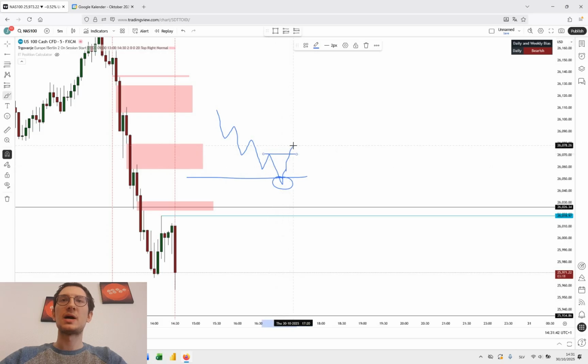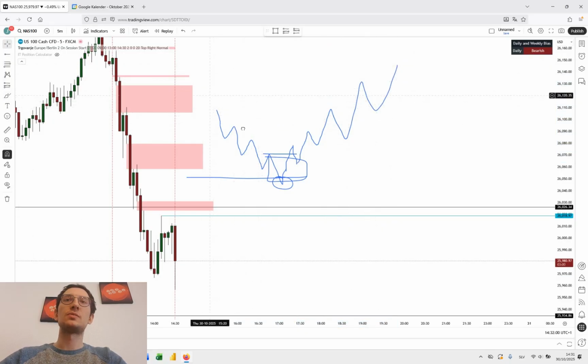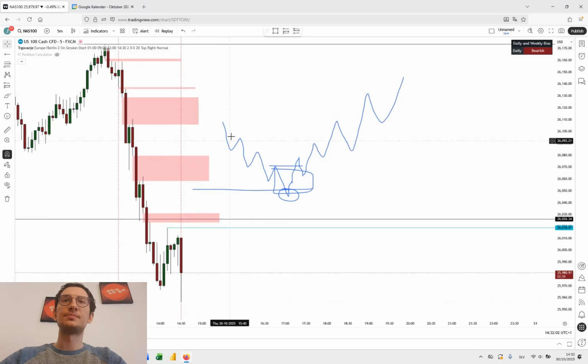So now we are in a bullish trend. Then the price will come down into this order block, and then we go to the 1 minute chart, wait for a break of structure to the upside again, and then we catch the trade and go up, up, up. So that's the strategy.